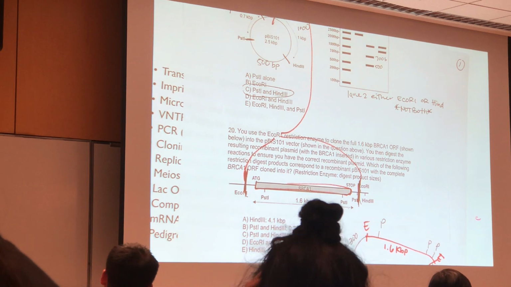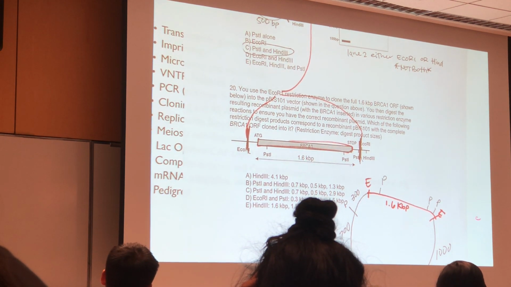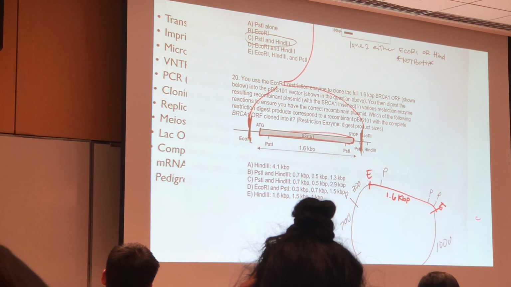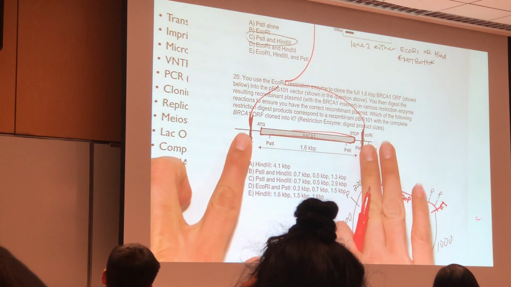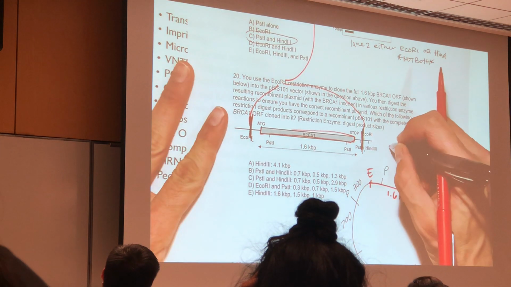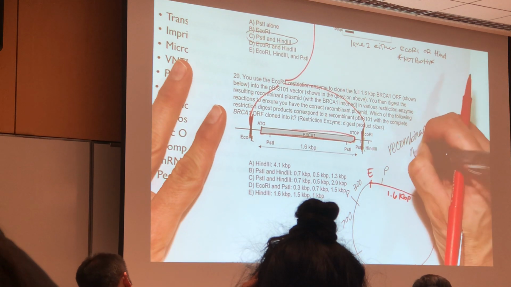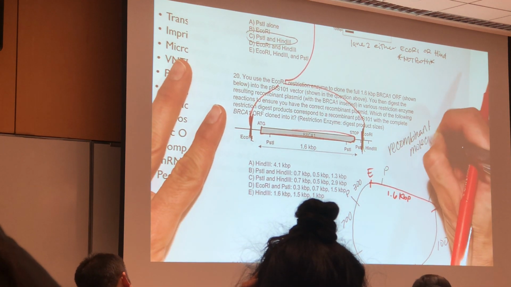You good? So I just drew out what that first sentence described. Cutting this with EcoRI and cloning it into that. And so this is then our recombinant molecule. The recombinant molecule is the one when you put the DNA insert into your vector.